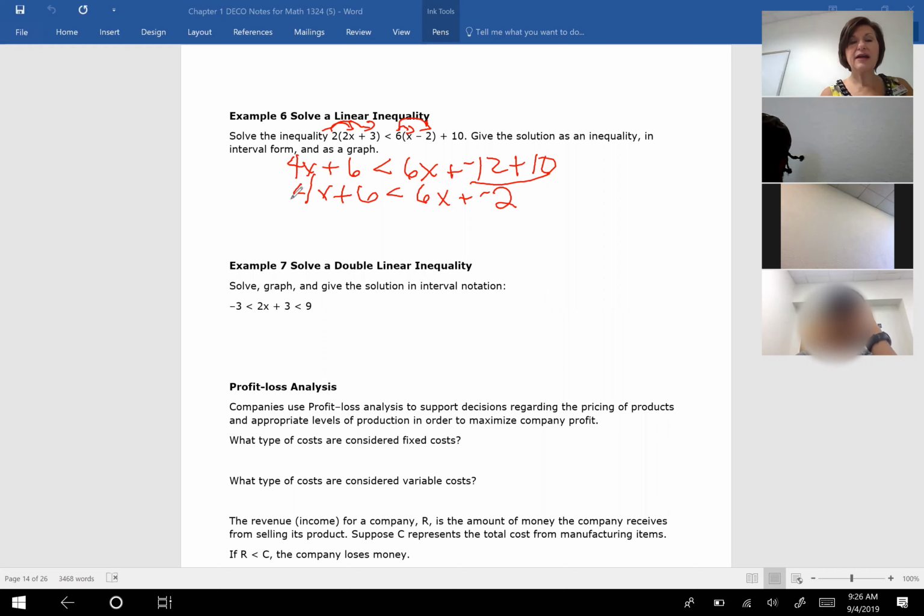So I'm going to subtract 4x from each side. That would give me 6 is less than, now what's on the right? How much is 6x minus 4x? 2x plus a negative 2, right? Okay, now what?